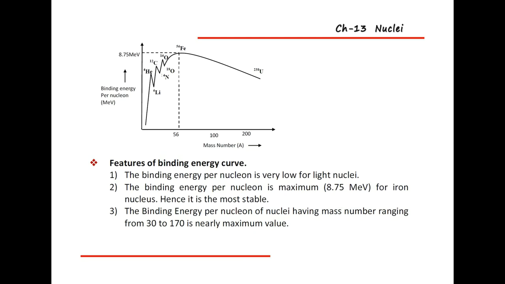For nuclei with mass number ranging from 30 to 170, the binding energy per nucleon is nearly at the maximum value, and it has some significance also.